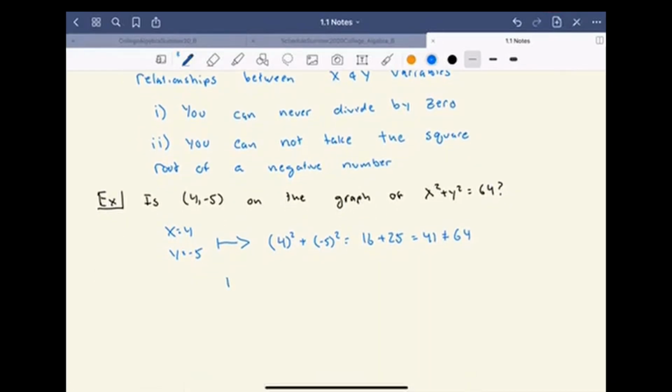So the answer is a no. 4, negative 5 is not on the graph of x squared plus y squared equals 64. Okay. All right.